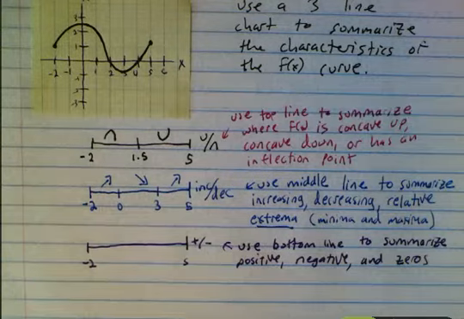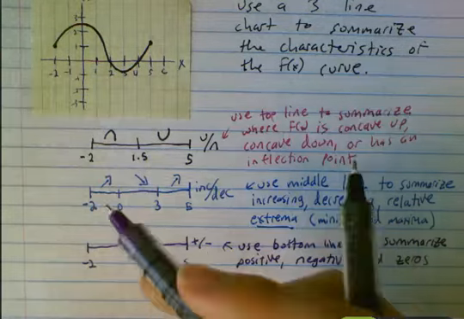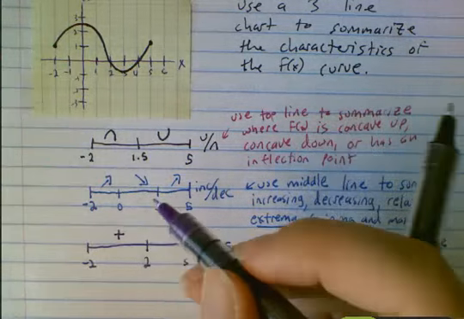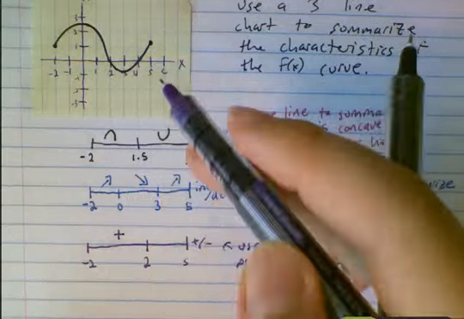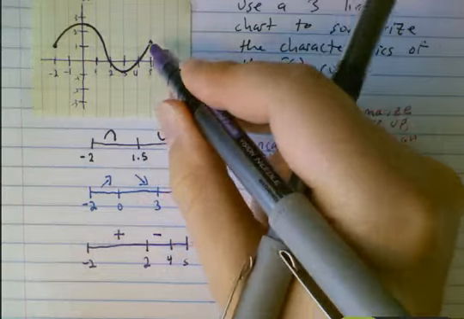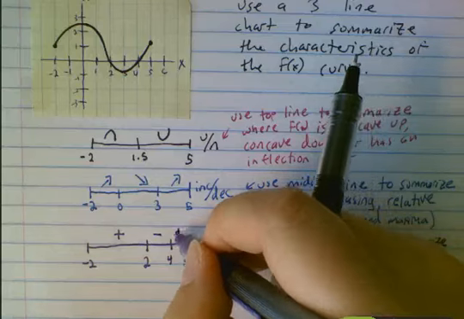Okay, so I can see that f of x is positive up until x equals 2, so 2 is right there. And then it's negative from 2 to 4. And then positive again from 4 to 5. Oops, should be positive.